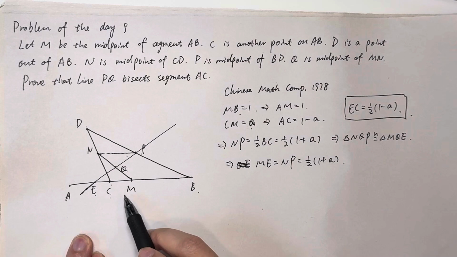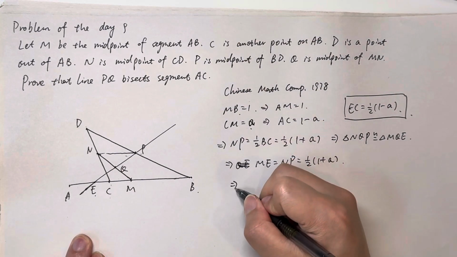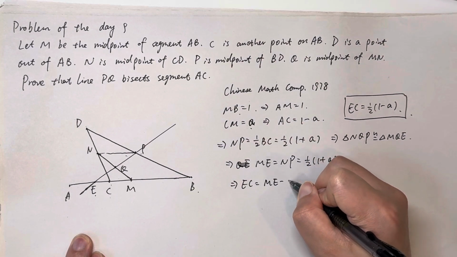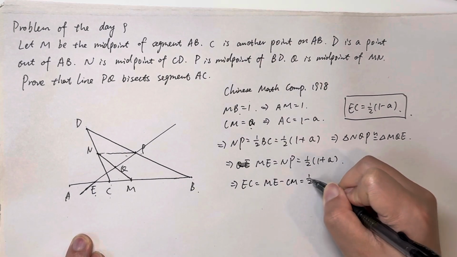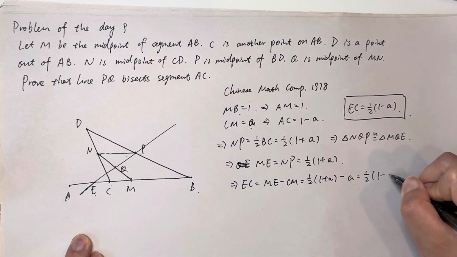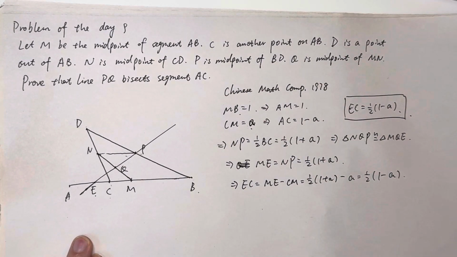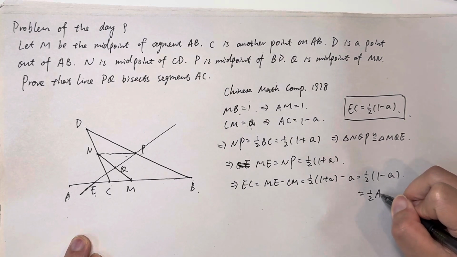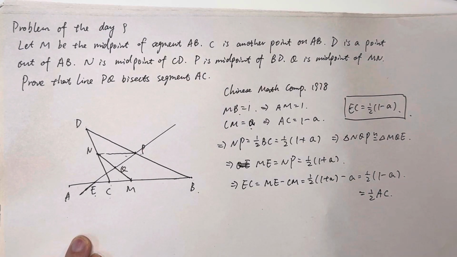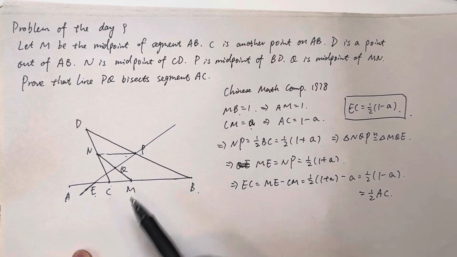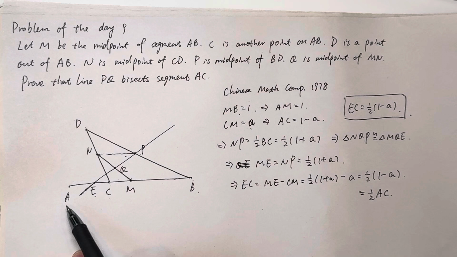That's ME, which means EC equals ME minus CM, which equals half of 1 plus A minus A, equals half of 1 minus A, right? And this equals half of AC. So E is the midpoint of AC, which means line PQ bisects segment AC.